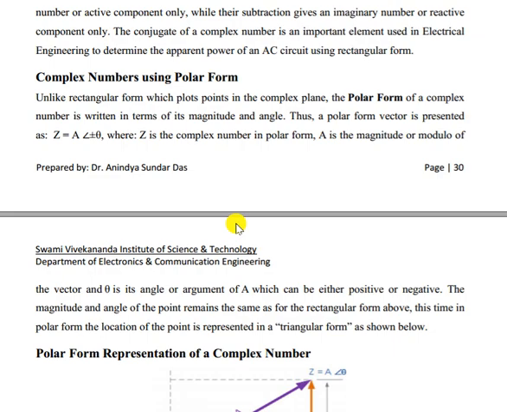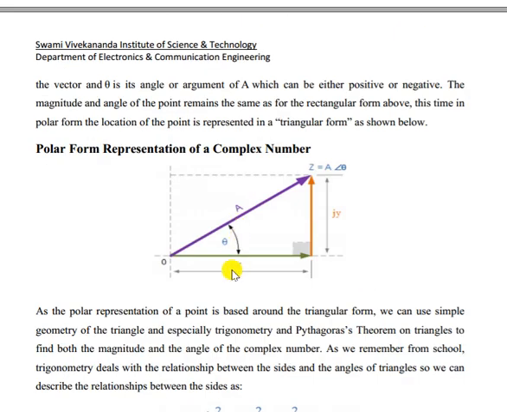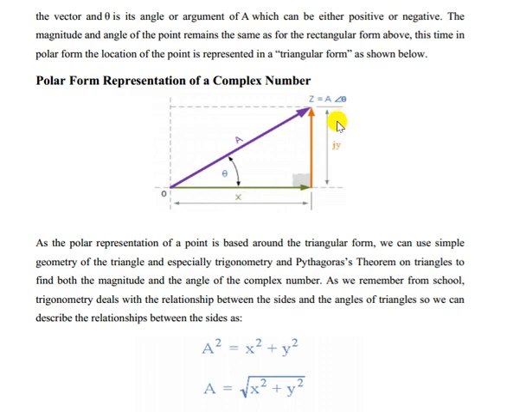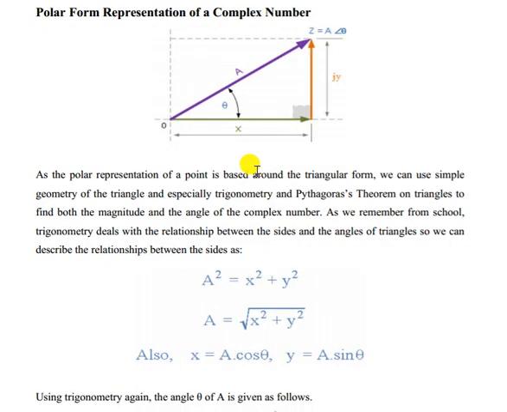Okay. Now complex number we can write in polar form. The Cartesian form means that is x plus jy. Okay. Now if we take x here, this is your jy. Then if we draw this hypotenuse, and according to the Pythagoras theorem, what we can find, this a square equal to nothing but x square plus y square, or a equal to root over x square plus y square.